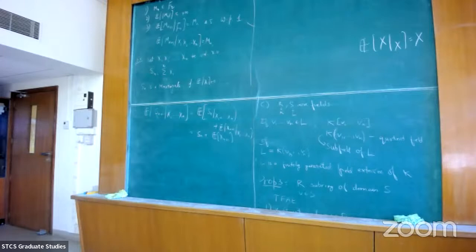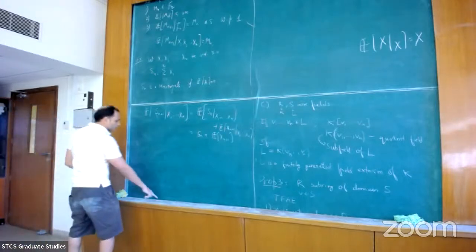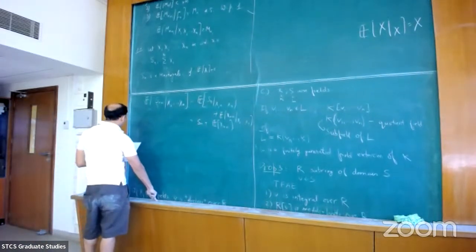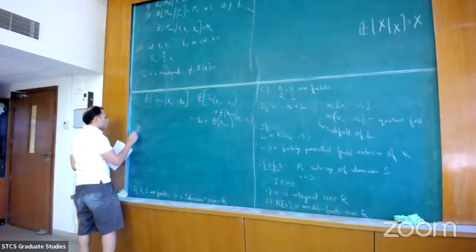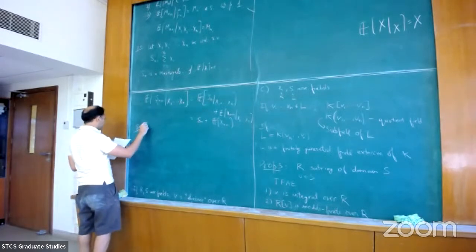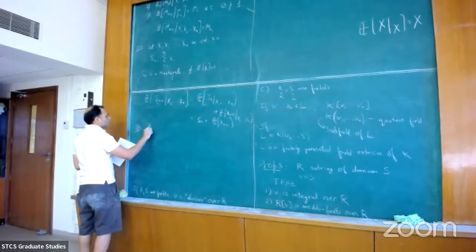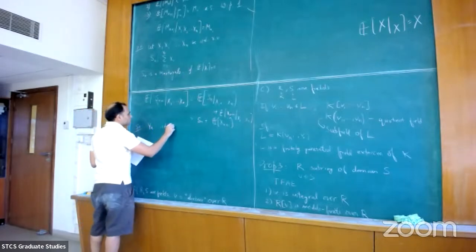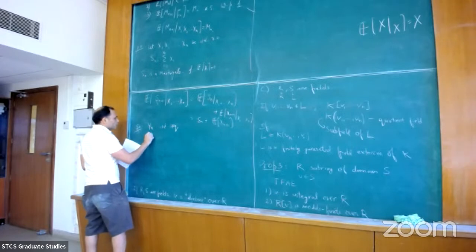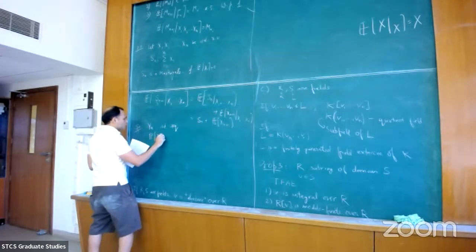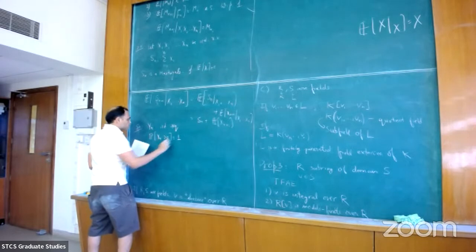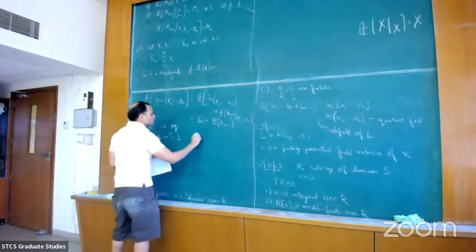Any other example? Something more concrete. Let Yn be an IID sequence with probability of Yn greater than 0 equal to 1.